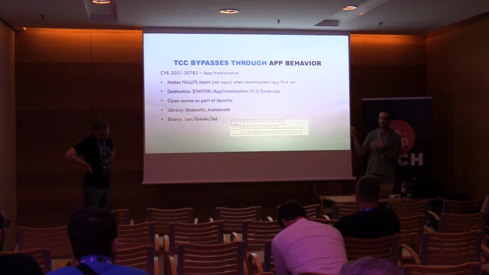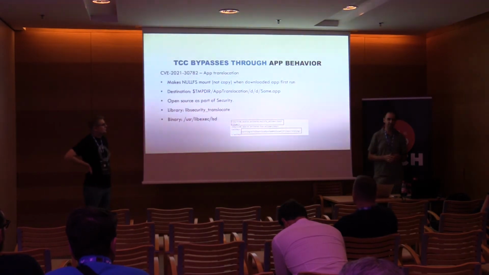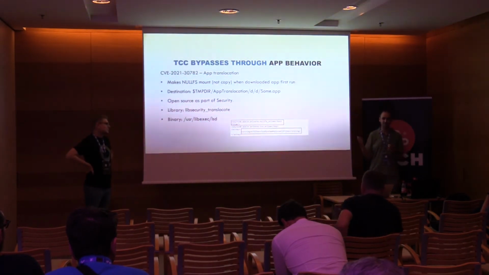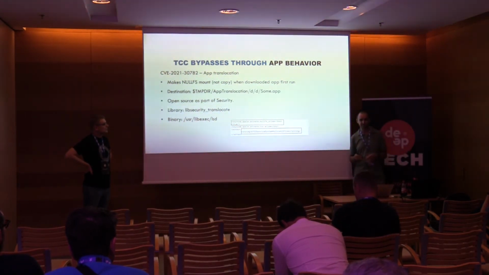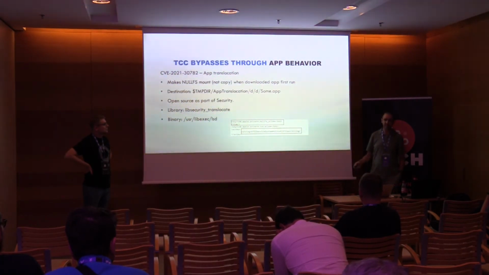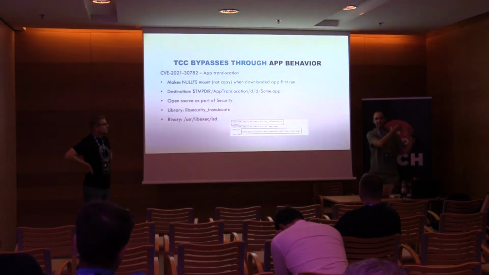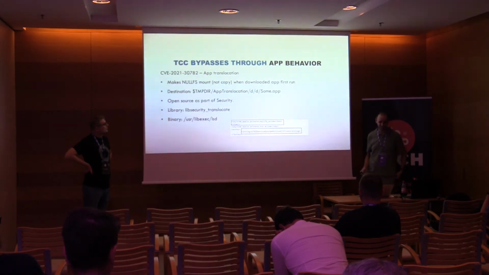So that's a nullfs mount, which on Linux systems is generally available. On macOS, you cannot make a nullfs mount, only the app translocation binary can do that. But basically, you make a mount of that application in a different location and run it from there.